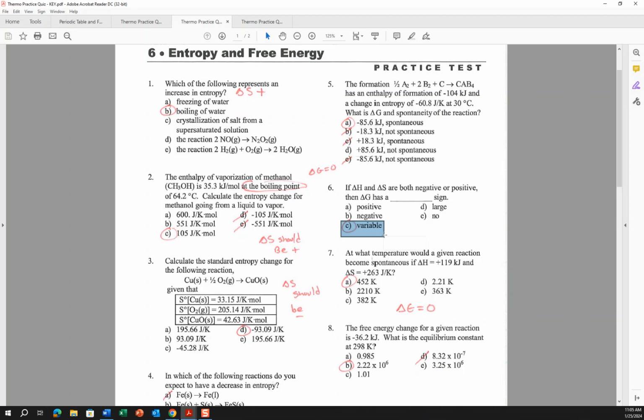If you have a negative positive combo, it's either always spontaneous, so always negative, or never spontaneous and always positive in terms of delta G. So when you have a negative delta H and delta S, or a positive one, delta G is going to depend on temperature. The sign is going to be variable depending on the temperature.